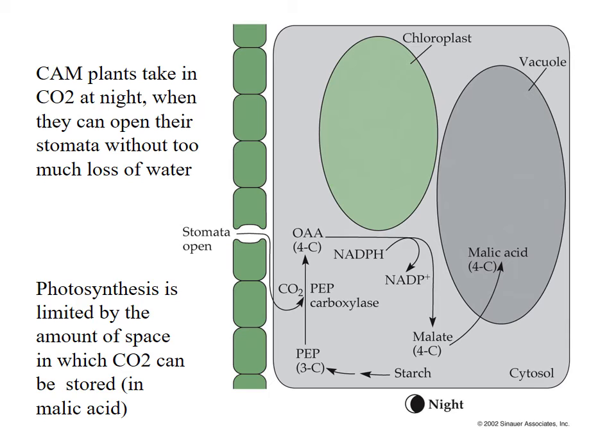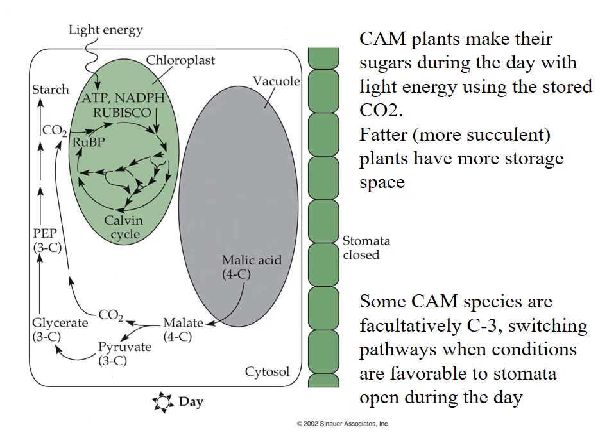CAM photosynthesis is very much a temporal separation of the dark and light reactions of photosynthesis, because the absorption of CO2 can only happen at night. So CAM plants make their sugars during the day with CO2 that's been absorbed during the night.